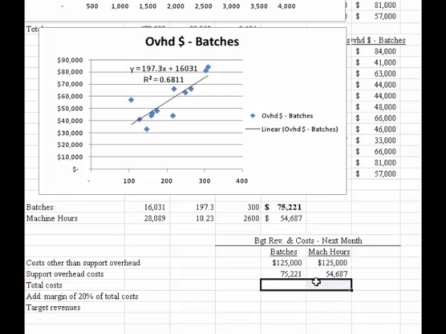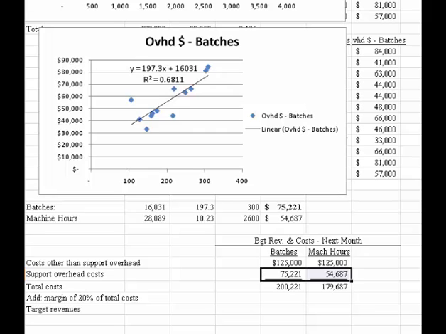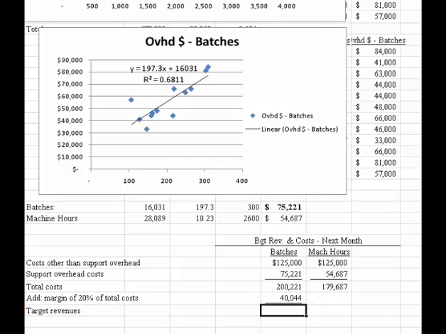Okay, so total cost we would just sum from above. So we get 200,221 under one scenario and 179,687 under the other. And then we would add in a 20% margin of total cost. So if we take the 200,000 times the 20%, we come up with 40,044. Okay, and we take the total cost plus the margin we anticipate, and we would come up with what the target revenues would be.